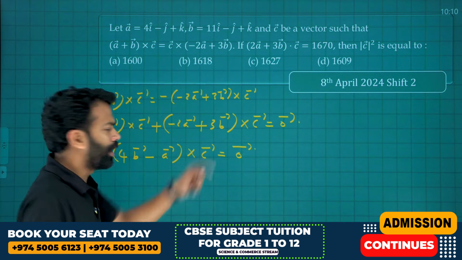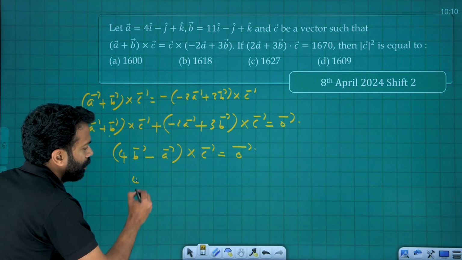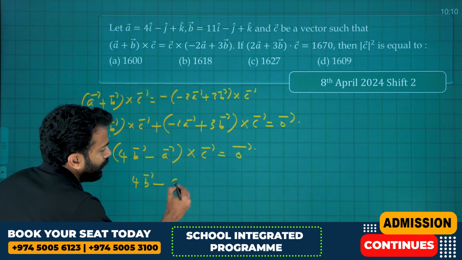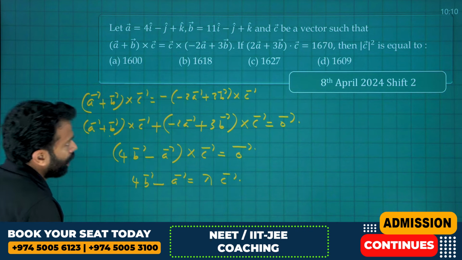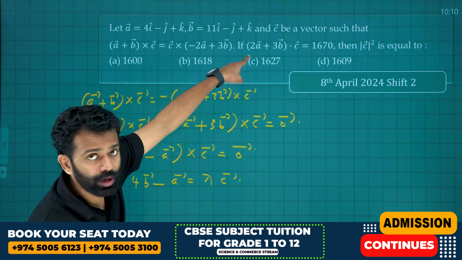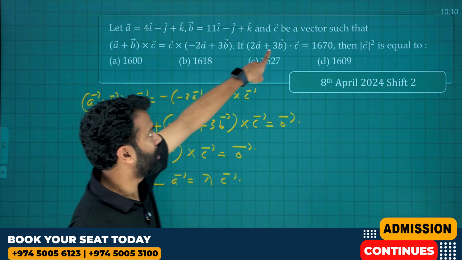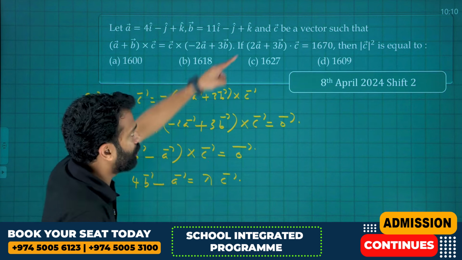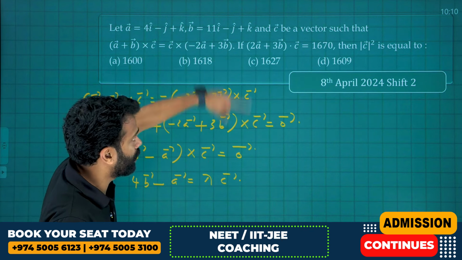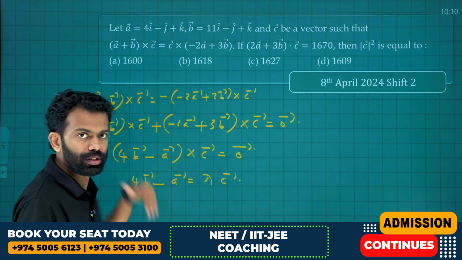So, this can be further written like (4B − A) is equal to lambda C. And to find lambda, they have given additional information that (2A + 3B) · C is equal to 1670. So, apply dot product along with that vector on the LHS as well as on the RHS.